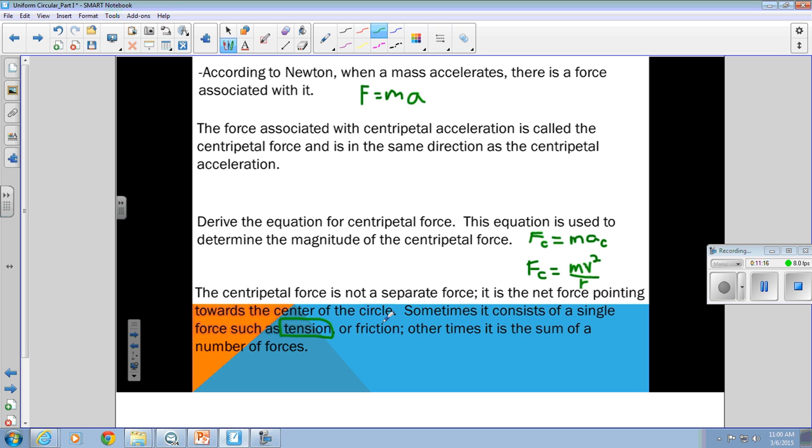If you think about the old carnival ride, the centrifuge or the Gravitron, sometimes it's called, it spins around and around in a circle, and then they drop the floor out, and you're stuck to the wall. Well, the center-seeking force is the normal force that's acting on you.